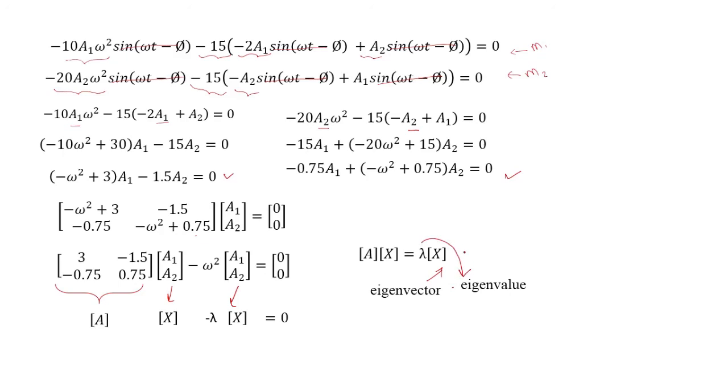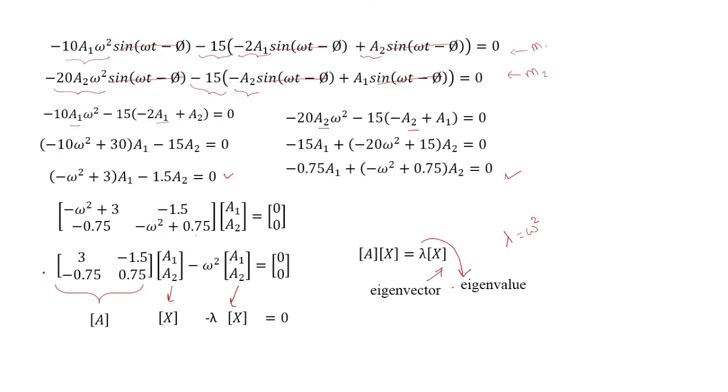So what is the physical significance of this equation? If you are able to calculate the eigenvalue lambda, which is equal to omega square, then you will be able to calculate omega, the frequency with which our system is vibrating.